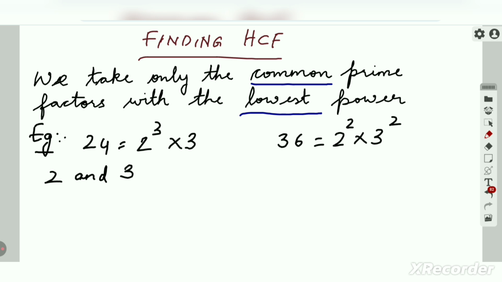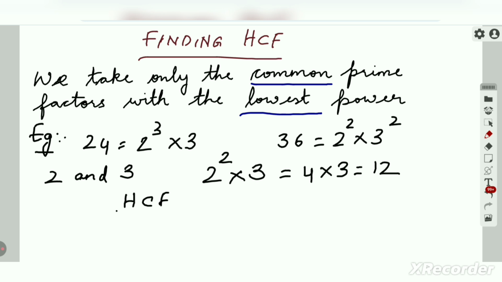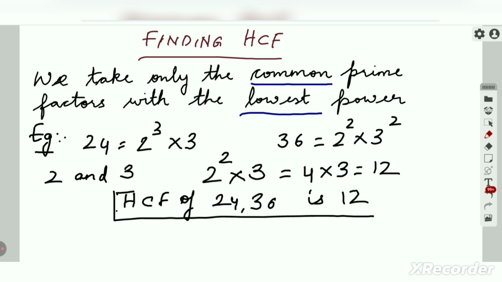Then you have to consider the lowest power. The lowest power of 2 here is what? Here you have 2 cube, here you have 2 square. What is the lowest power of 2 here? 2 square. Next you have to take 3. You have 3 and 3 square. Which is the lowest power of 3 here? 3. So your HCF will be 2 square into 3, which is 4 into 3, equals 12. So the HCF of 24 and 36 is 12. Clear?